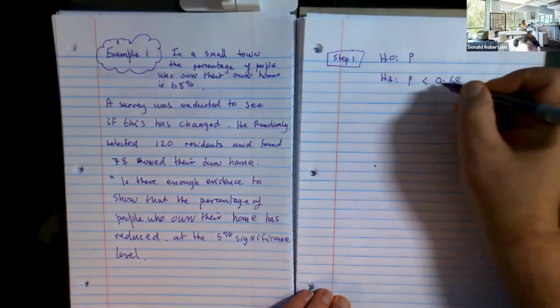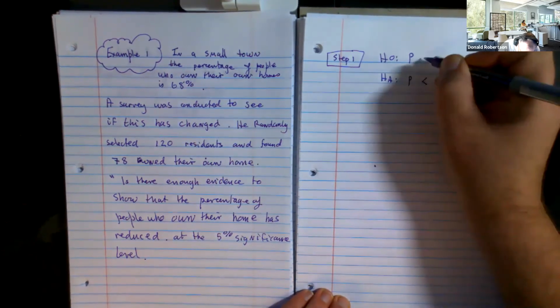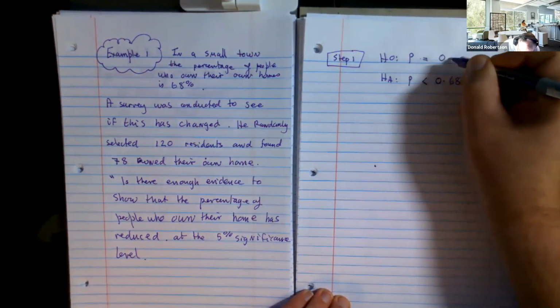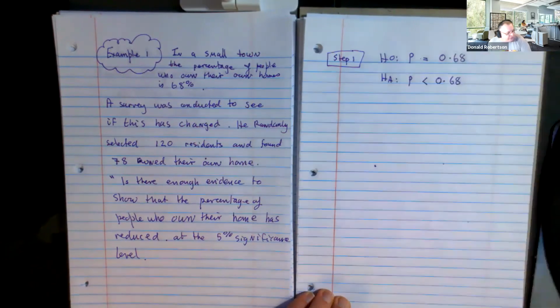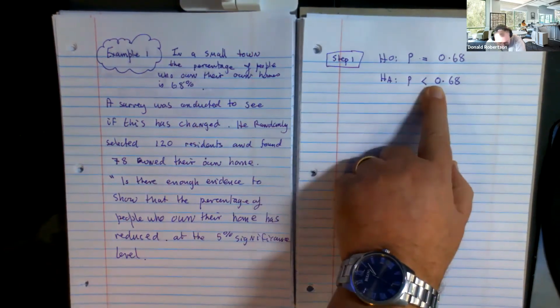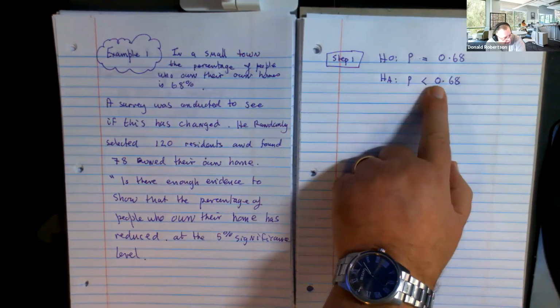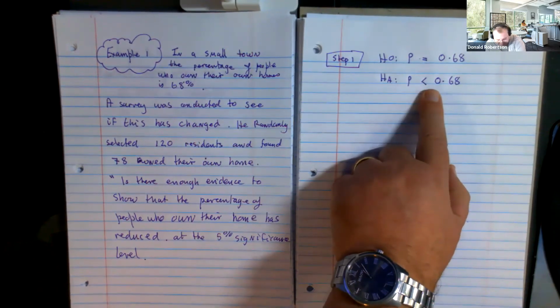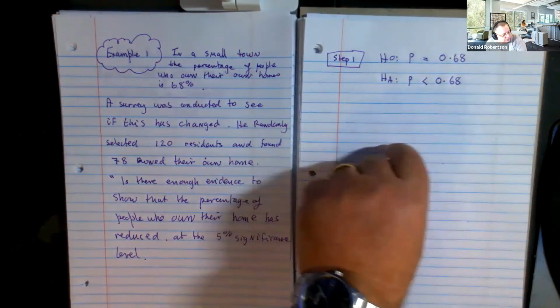The alternate is P less than 0.68, and the null is always equal to the same number. Isn't that just like mu greater than 40, mu equals 40, right? So that same basic pattern. The alternate always has a less than, a greater than, or a not equal to, right? That's the 3 stories. The null is equal each time, right?